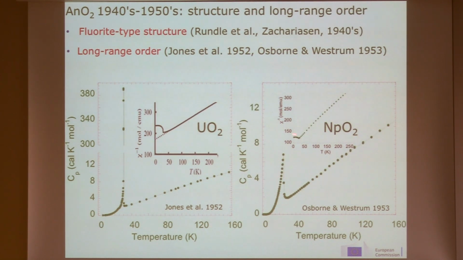The behavior of the magnetic susceptibility is very similar, and then it was assumed that NpO2 was also a magnetically ordered system with an antiferromagnetic order. Actually, this was not the case.